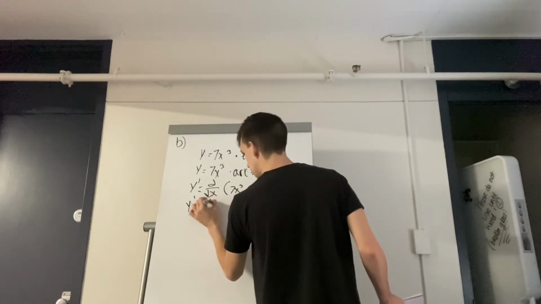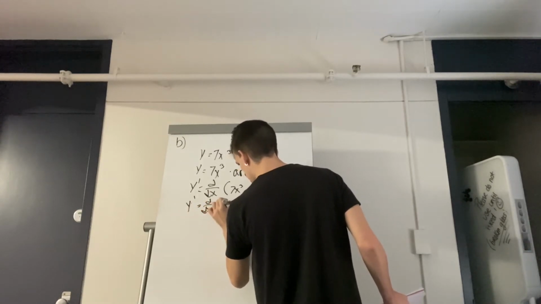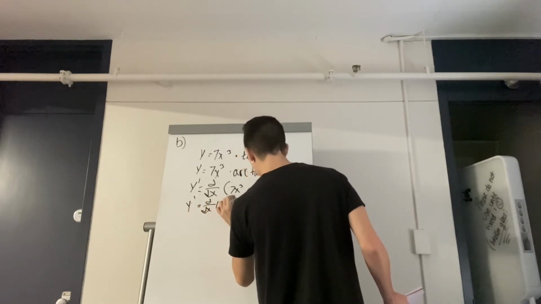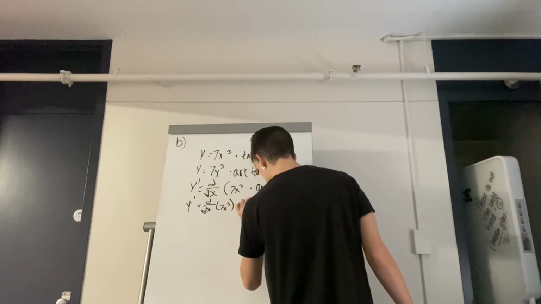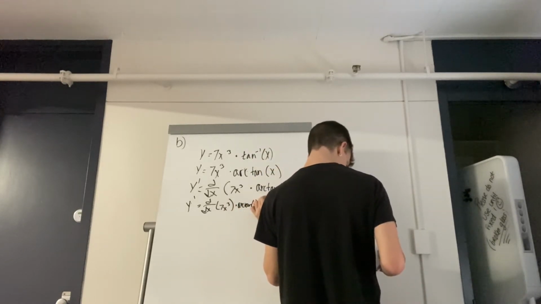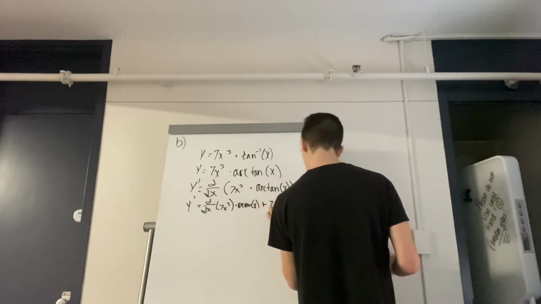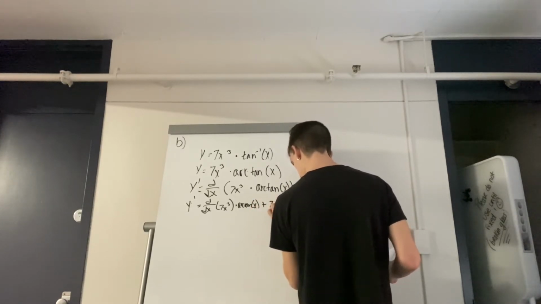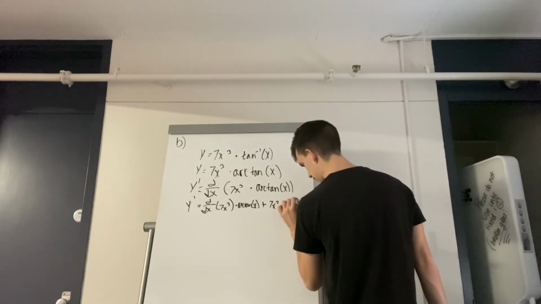So it's going to be d over dx of 7x cubed times arctan x, plus 7x cubed times d over dx of arctangent x.